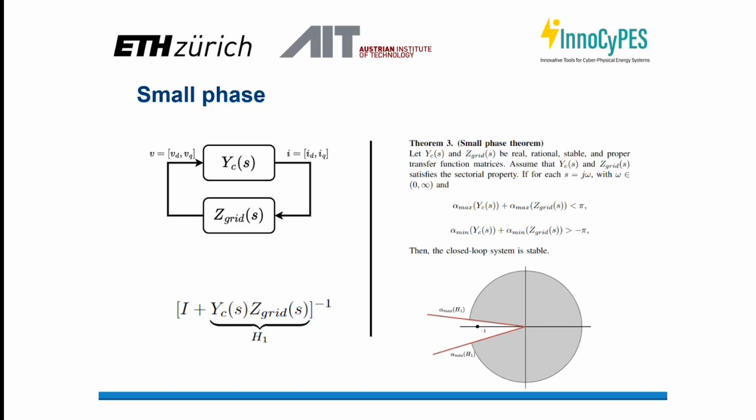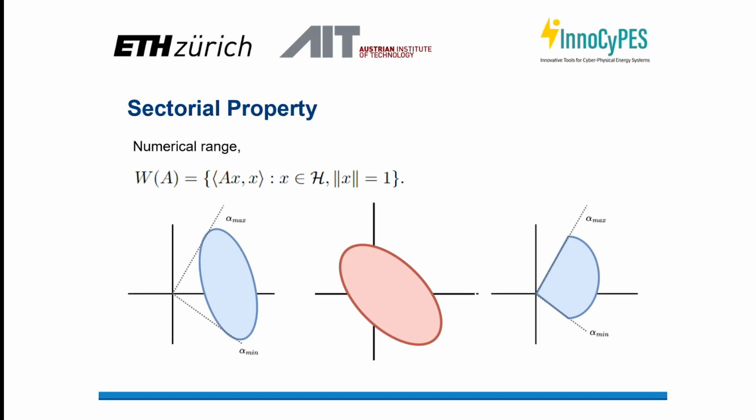For every operator, we can calculate the numerical range, that is basically a set in the Gauss plane that is always convex, one of its characteristics. And from there, we can define two angles that support such a set.